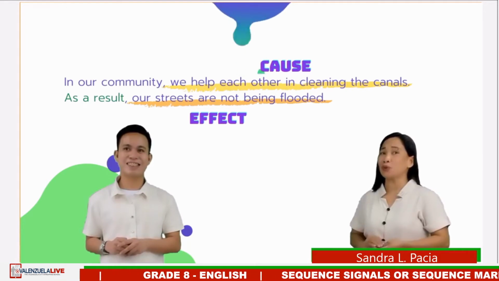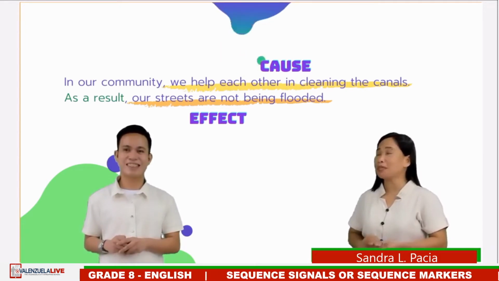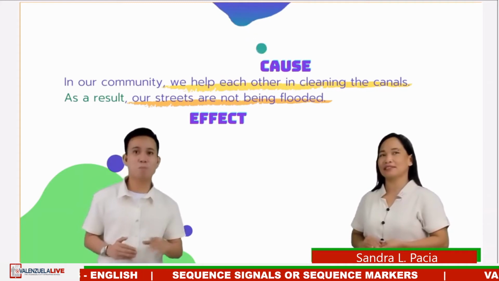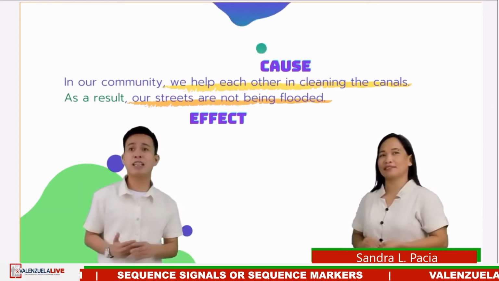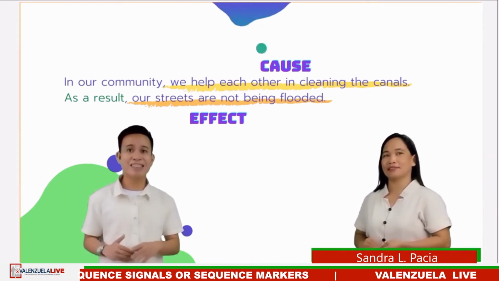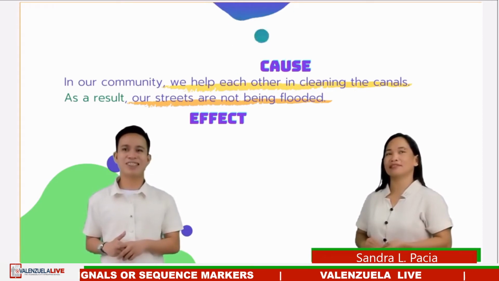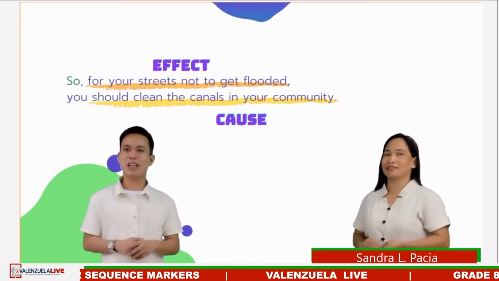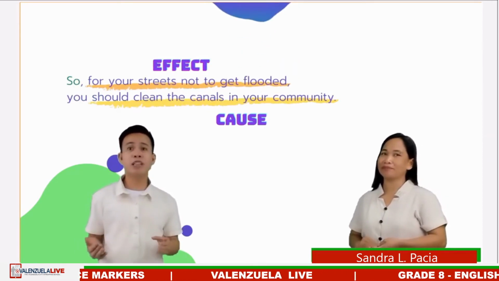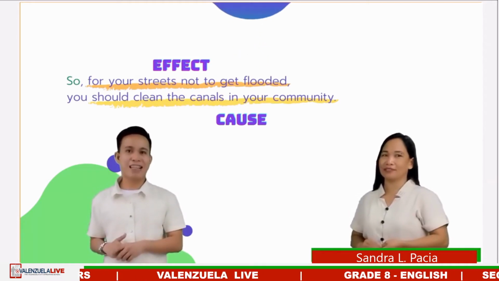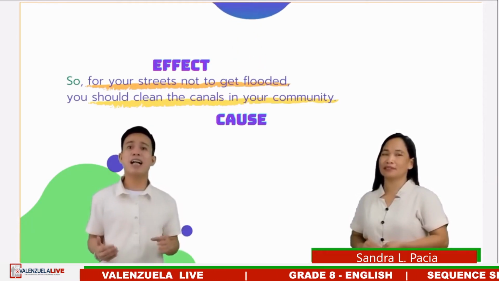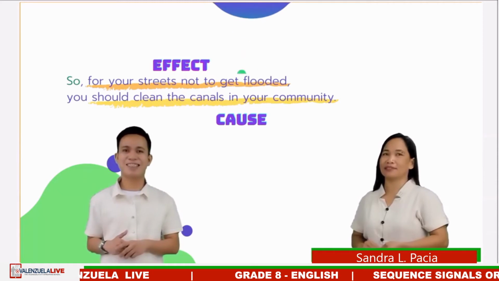Can we place the words used in this type in the beginning of the sentence? Yes, ma'am. We can start our sentence with the result and end it with the cause. Just like this. So, for your streets not to get flooded, you should clean the canals in your community.